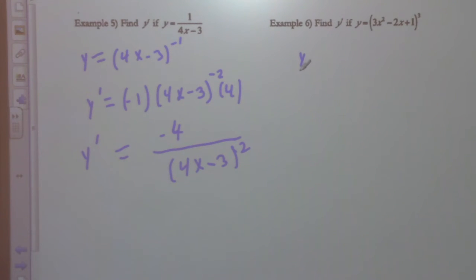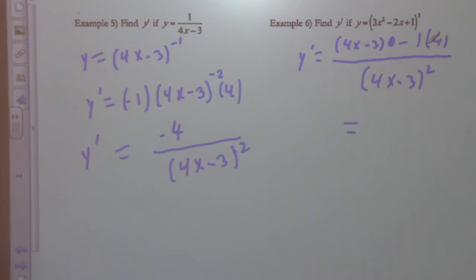So using the quotient rule, y prime is equal to low d high, and what is d high? 0. 0 minus high, and high is 1, d low, which is 4, all over low squared.